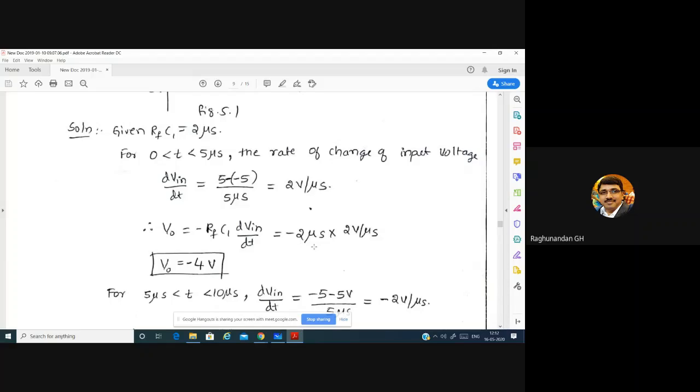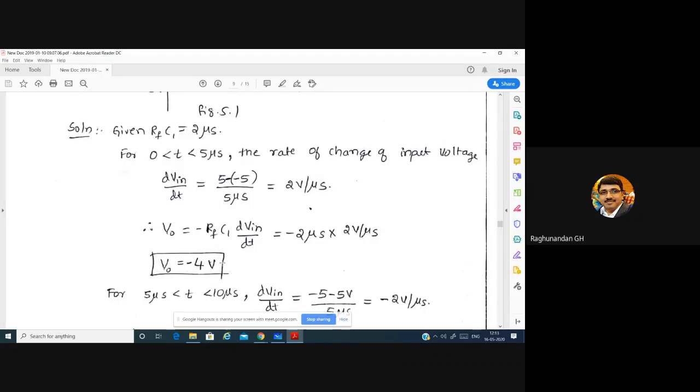On multiplying this, we get minus 4. The micro is in the denominator and the other in the numerator, so micro cancels, and we get 4 volt. Even the seconds and seconds get cancelled. So we get V naught is equal to minus 4 volt.